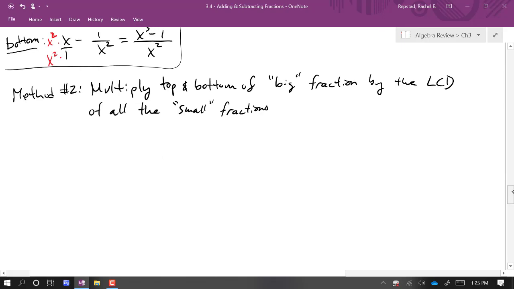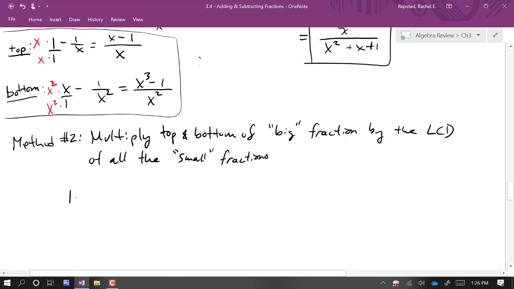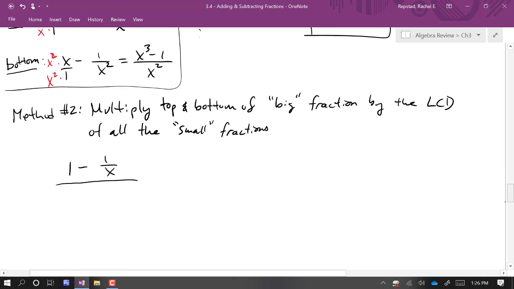Alright, so I'm going to begin here just by rewriting the fraction 1 minus 1 over x divided by x minus 1 over x squared.